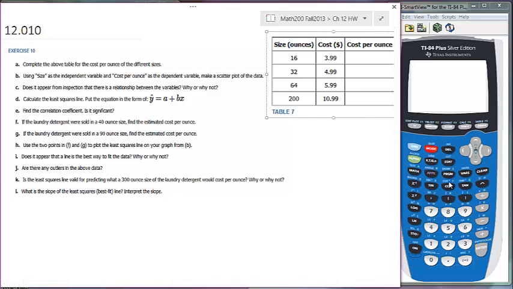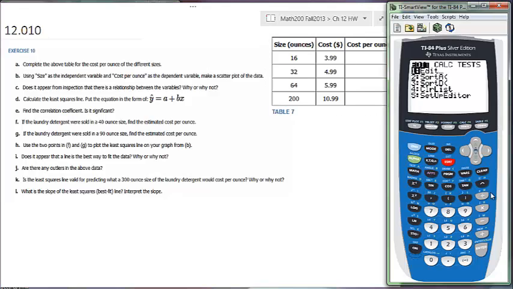If we have a set of data like this, we can do this all in one shot using lists in our calculator, and since we're going to need to put this into our calculator anyway, we might as well do it all here. We're going to go to the lists editor, and I've already listed my sizes and my costs in L1 and L2.